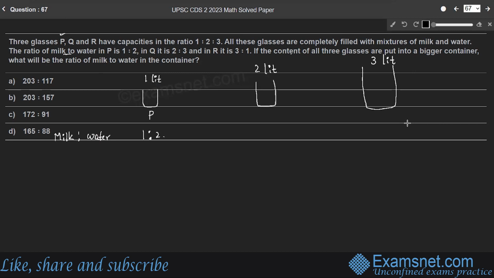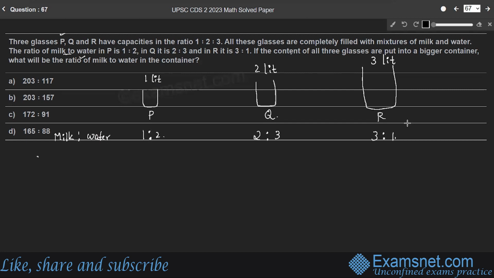Whereas in the second container Q, the milk to water ratio is 2:3, and in the third container, the ratio is 3:1. We'll consider the quantity of milk and water separately in each container, then mix all that. That means we are adding the total quantity of milk and the total quantity of water, so finally we find the ratio of milk to water in the big container.